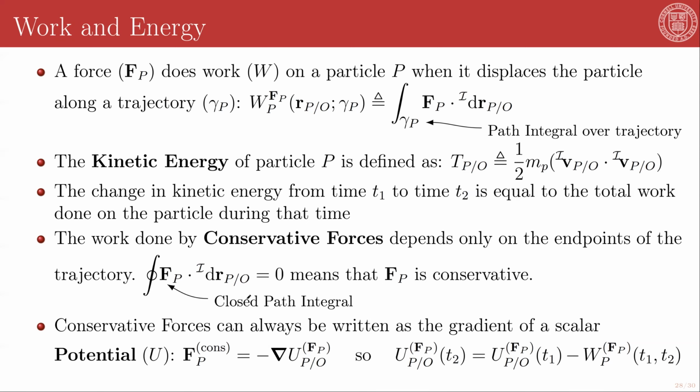Conservative forces, and only conservative forces, can always be expressed as the gradient of a scalar potential, which we will call U, which is analogous to our understanding of potential energy. And so a conservative force acting on particle P can be written as negative the gradient of some function U P rho O associated with this force, which means that the change in this potential from a time t2 to t1 is given by negative the work done by that force.